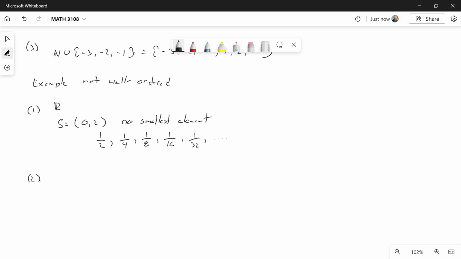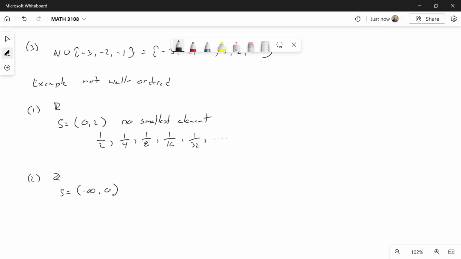All right, well, what about 2? Let's start with the integers. So all integers in this case. So this is starting off from negative infinity going all the way up to positive infinity. Now we saw in the examples above that having negative numbers in there wasn't technically a problem as long as there was a smallest element. So let's now grab a set S, and this set S is going to contain negative infinity all the way up to 0.